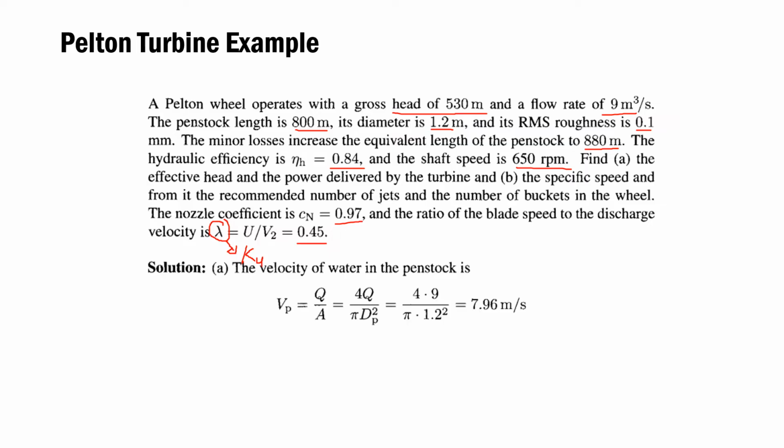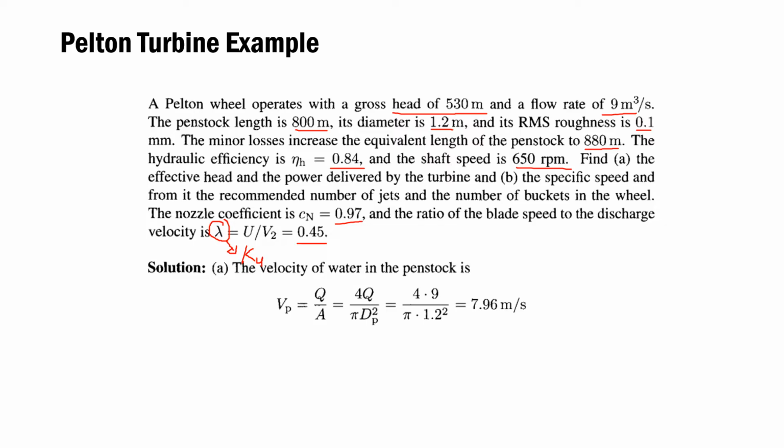Now, before we can solve the problem, we have to find the velocity of water in the penstock. The velocity of water in the penstock can be calculated using the flow rate.